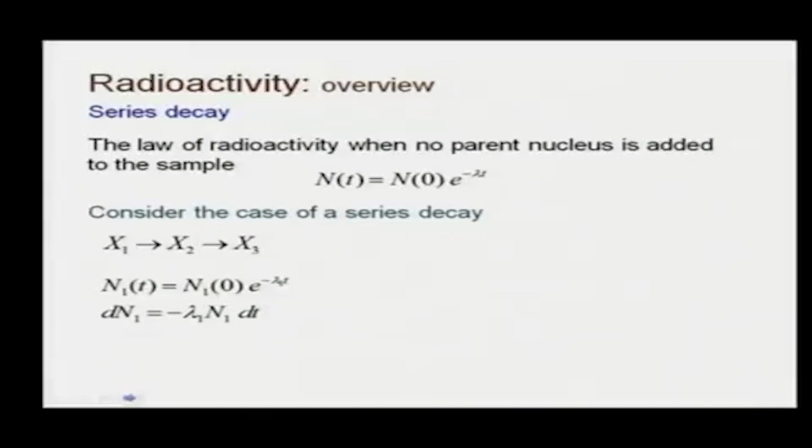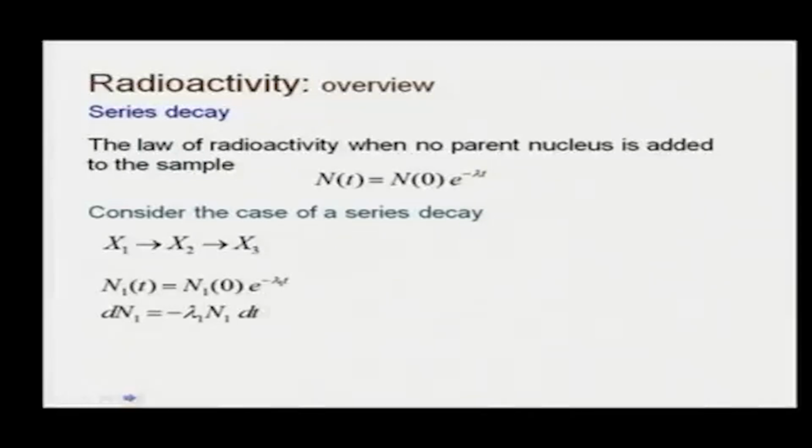Now, we have another possibility. The law of radioactivity that we considered, that when one particle decays to another particle, we said the number of particles present in that sample at time t is equal to the number of particles present at time t equal to 0 times exponential minus lambda times the time elapsed t.